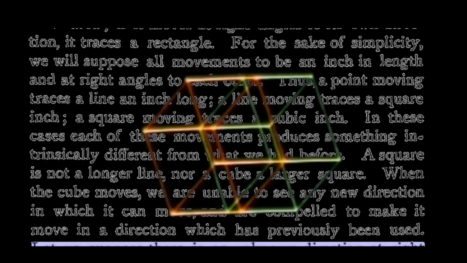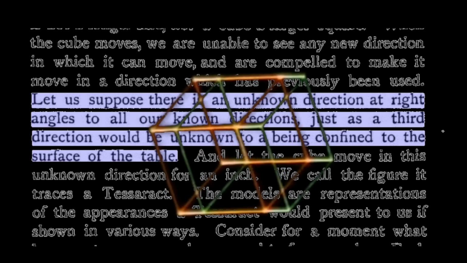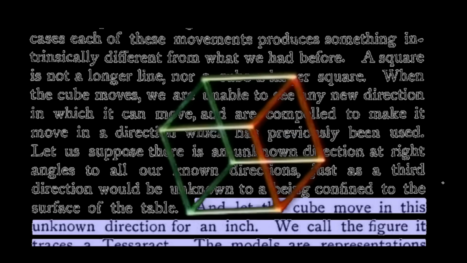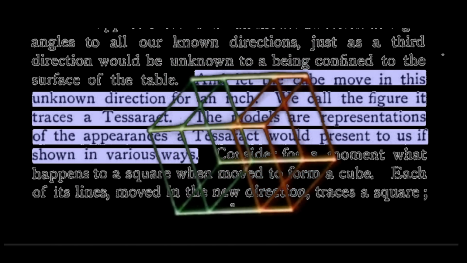Let us suppose there is an unknown direction at right angles to all our known directions, just as a third direction would be unknown to a being confined to the surface of the table. And let the cube move in this unknown direction for an inch. We call the figure it traces a tesseract.